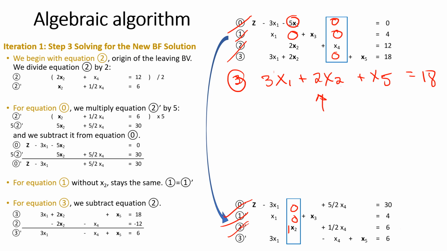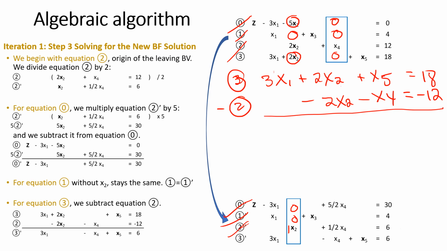So here, this 2 must become 0. So we're going to be working with equation 2, but minus. So we put minus 2x2 minus x4 equal minus 12, and we add them at this point.